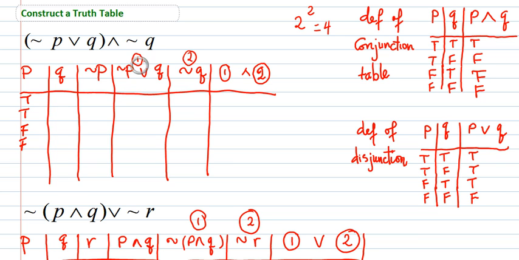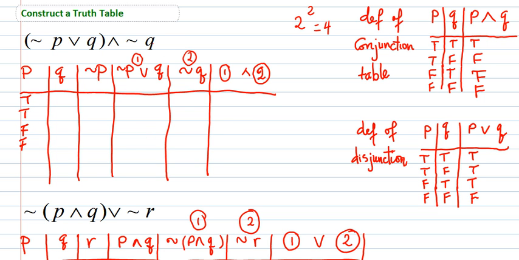They also have not Q here, so I need 1 column for not Q. For the last one, to save space, I name not P as 1 and not Q as 2, so I put an "and" between them. So this is the same thing as that. 1 and 2 is our result.